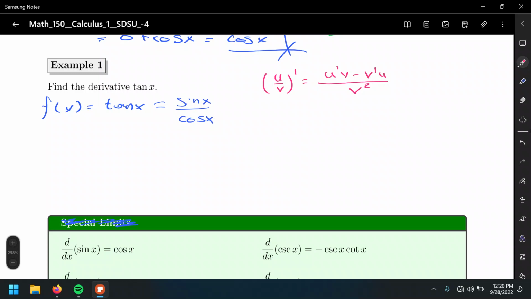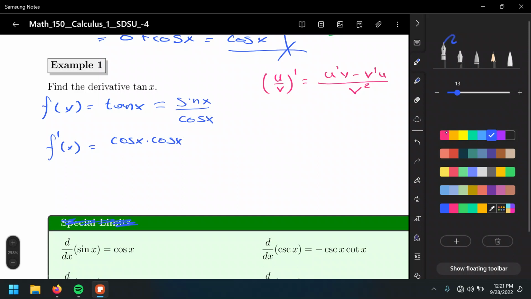Alright? So that's going to be f prime. The derivative of u, which is the derivative of sine, that's cosine, times v, which is cosine. Actually, let's label this as our u and this as our v.